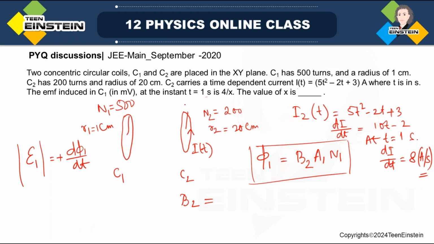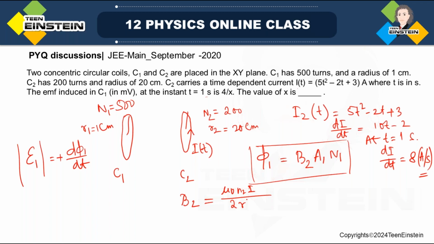The magnetic field produced at the center is actually mu0 into I. Actually, this will be small n2 I by 2r. This is turns per unit length.